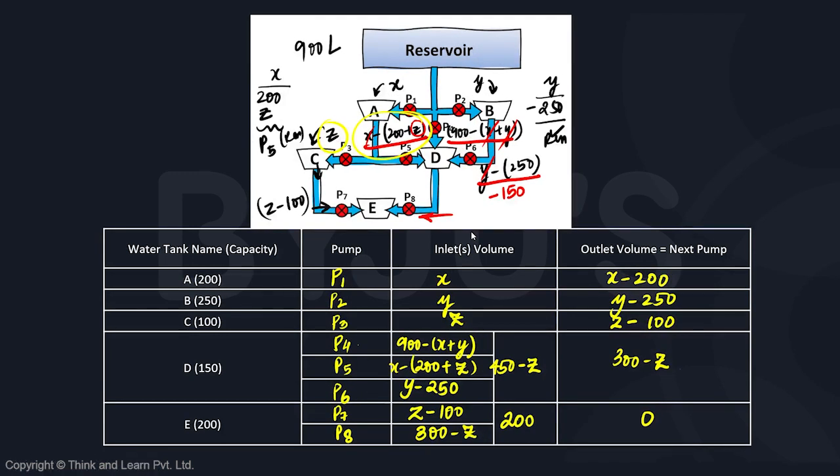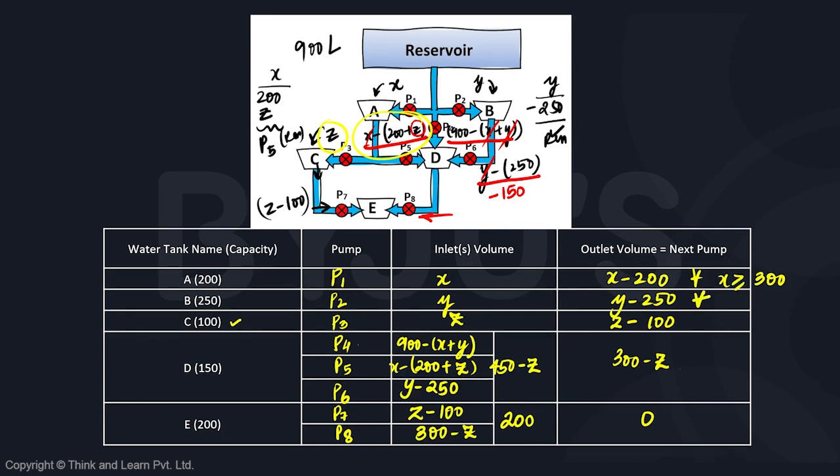Since it is given in the main part of the question that each of the water tanks should be filled, the volume of C is 100 and C is going to get water only from A. So X needs 200 to fill itself and another 100 to fill C. So X is going to be at least 300.